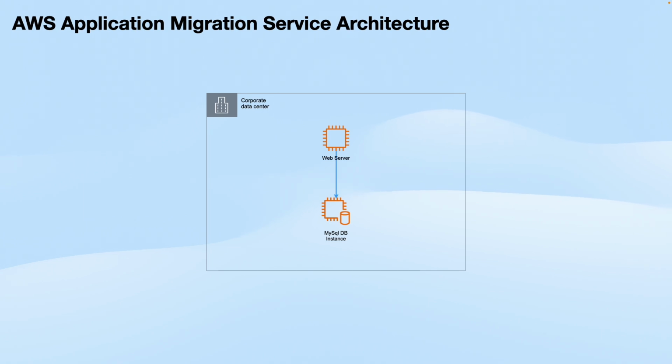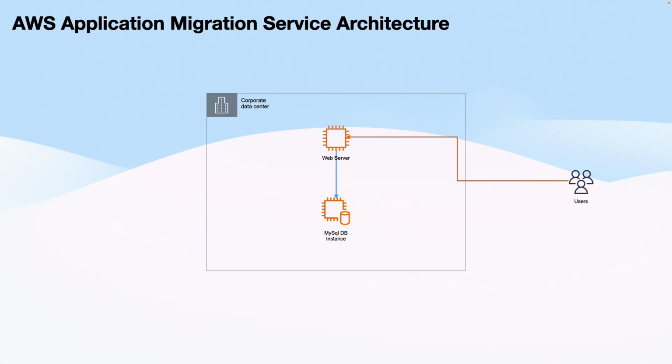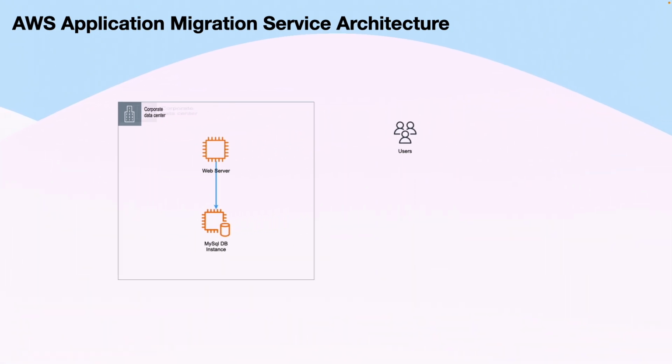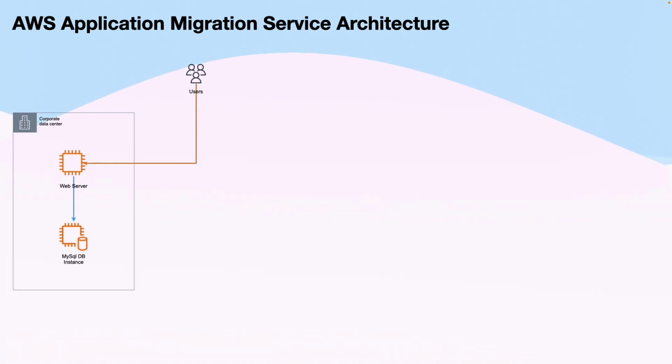I will show you how to access this web server application when we log into the AWS console. So this is the simulated environment that we have at the moment. We are going to migrate this simulated web server and MySQL database on-prem instances to AWS Cloud.